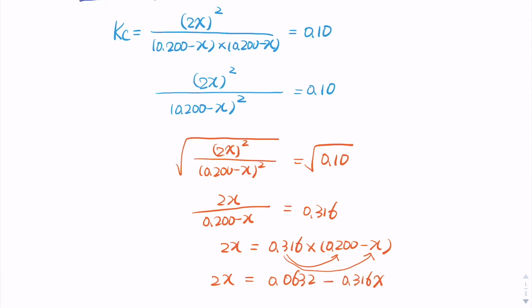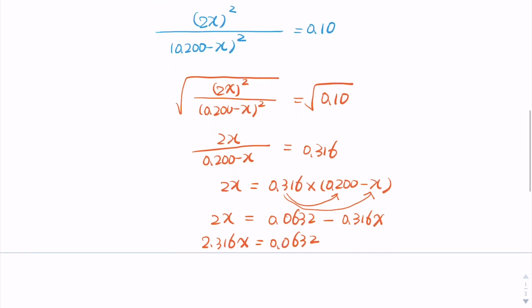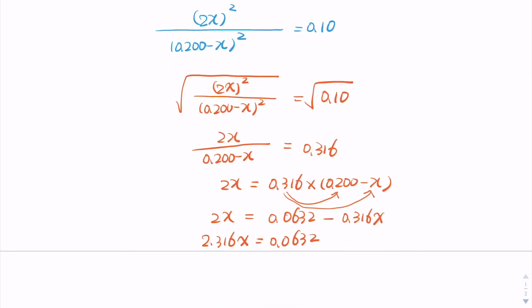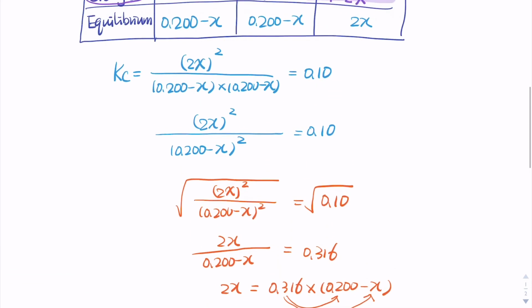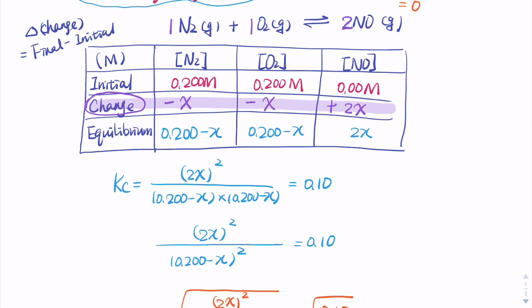Now you move the expression with x onto the left side, so you reorganize the equation. It turns out to be 2.316x equals 0.0632. Solving for x, x equals 0.027.